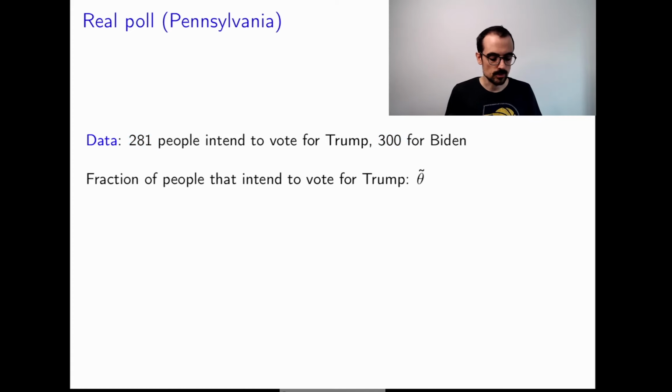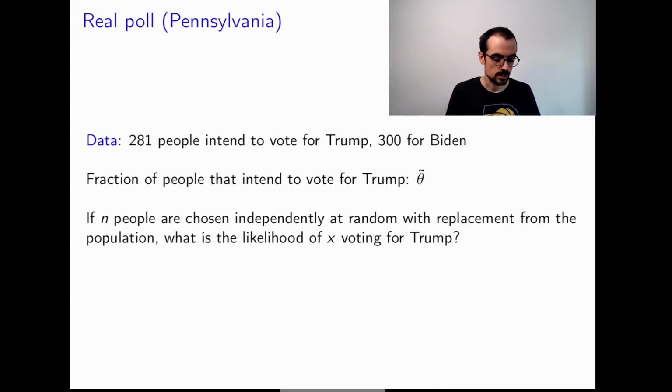Okay, so we want to model the fraction of people that intend to vote for Trump using this random variable theta, which again is a parameter of a Bernoulli. It represents the fraction over the whole population of people that want to vote for Trump. So if n people are chosen independently at random, which is what we're going to assume was happening in the poll, this is unfortunately not the case in real polls, which makes the life of data scientists very, very tough.